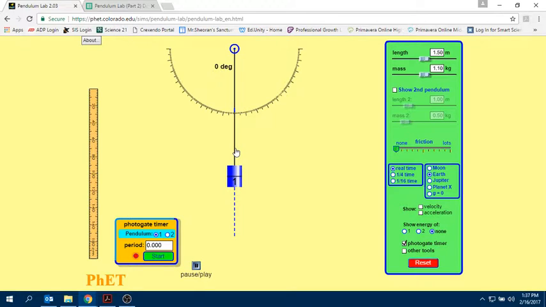We can assume that 0 degrees will produce no motion, just as we can assume that if the length were 0, the pendulum would not move, or if the mass were 0, there would be nothing there. So we understand that those are our setups.